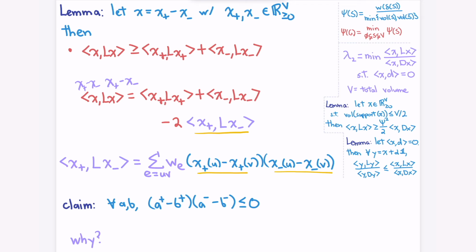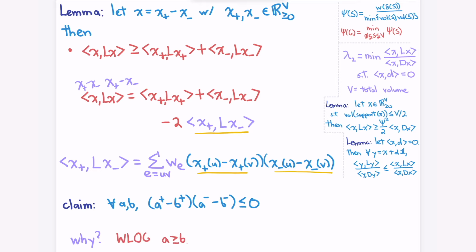And so then here's the claim we need. For any real numbers, here I'm letting a plus be the positive part of a real number and a minus be the negative part, (a plus minus b plus) times (a minus minus b minus) is less than or equal to 0. Okay, so how do we prove this? Well, it's just looking at it slowly.